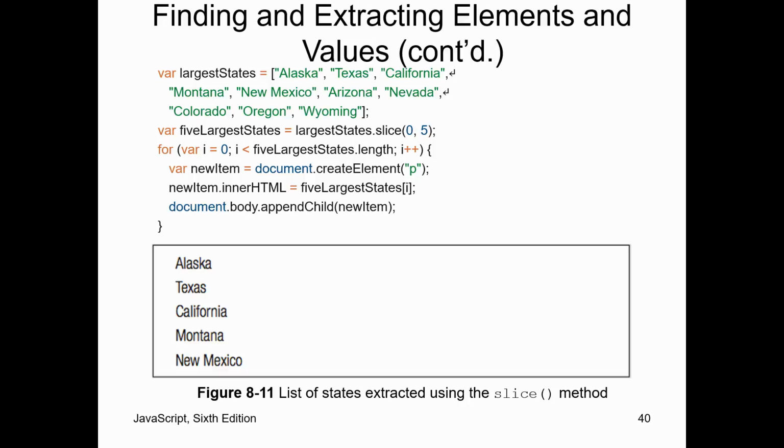So in this example, they extracted all of the states from the states array. Okay. And I guess what they did, trying to figure this out here. Oh, they're saying the largest states starts with 0 and goes for a length of 5. So 0, but this is, so we go for 5. So that's the first one, the second one, the third one, the fourth one, and the fifth one.